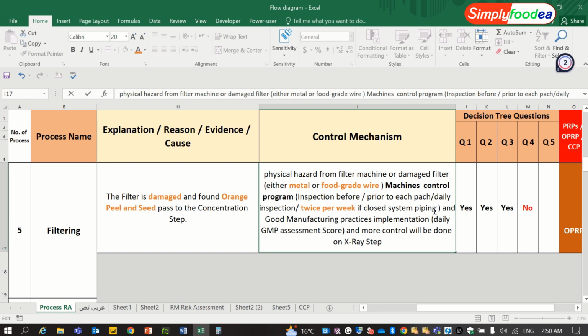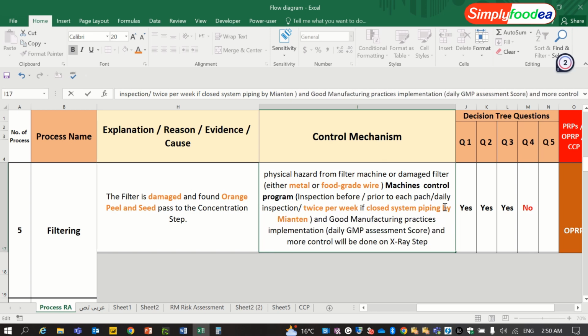So I'm saying if the filter, I can see the filter and it's a closed pipe or closed system piping, so I will inspect it twice per week by dismantling the filtering machine itself and checking the filter parts by my own eyes, or by the maintenance technician.